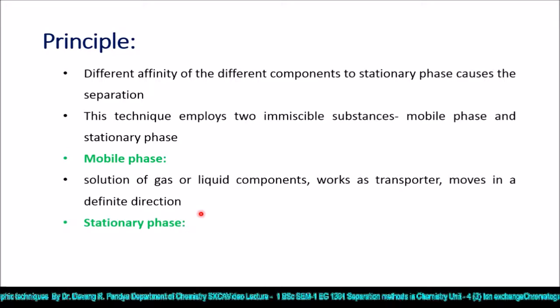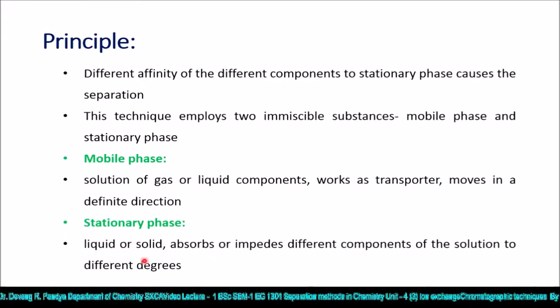Now, which kind of stationary phase is required in ion exchange chromatography? A liquid or solid that adsorbs or retains different components of the solution to different degrees acts as the stationary phase.